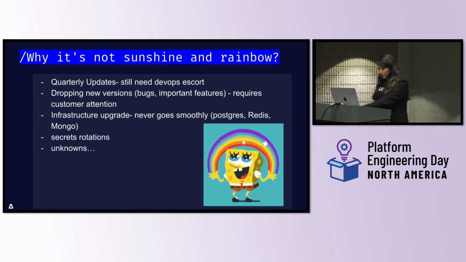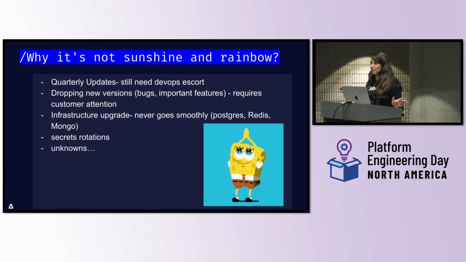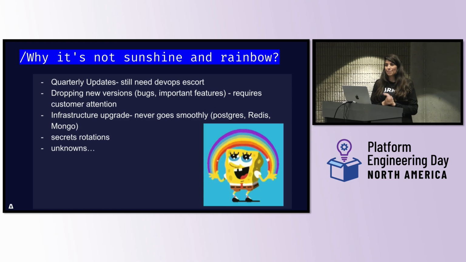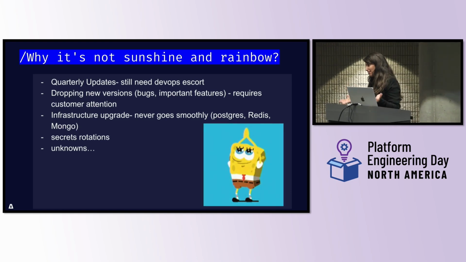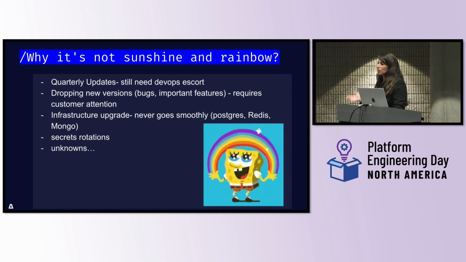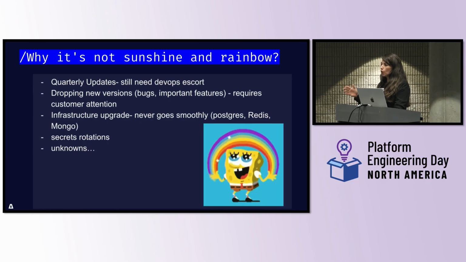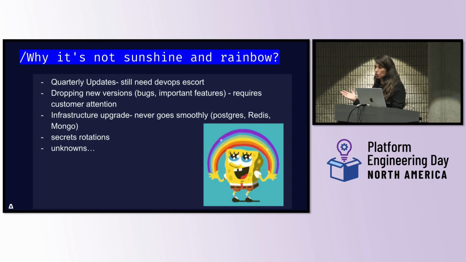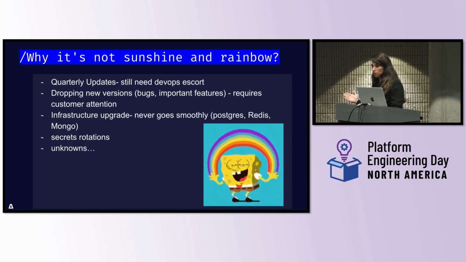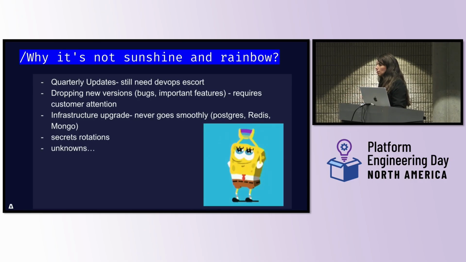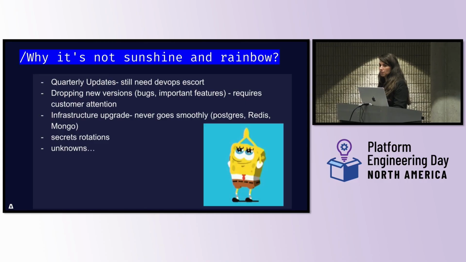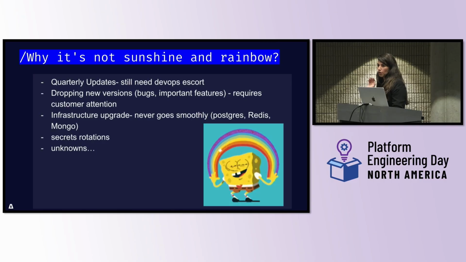Okay, but it's not always sunshine and rainbows, because it's still air-gapped. And we still need to provide quarterly upgrades, and we still need to be with this customer, or with all the customers. Think about a solution where one customer needs to get an update in August, the other one in September, and the third one in October.